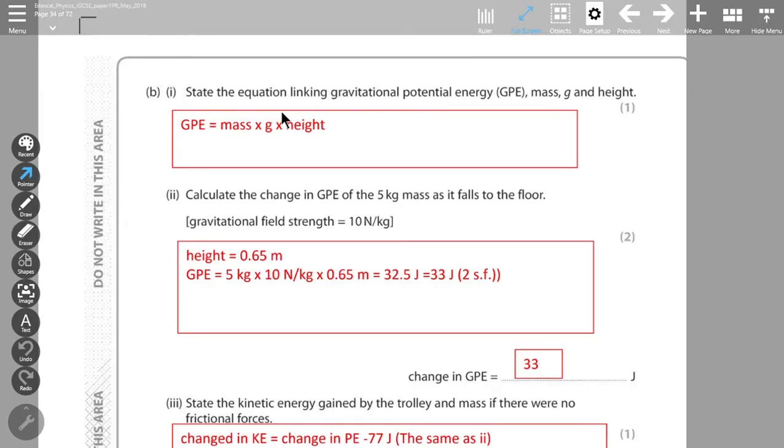Right. State the equation linking gravitational potential energy, mass, g and height. So this is the formula that you should memorize. Calculate change in potential energy of the 5 kilogram mass as it falls. So they show that it falls from the height 0.65. So we substitute values. We keep the minimum, which is here 2 significant figures.